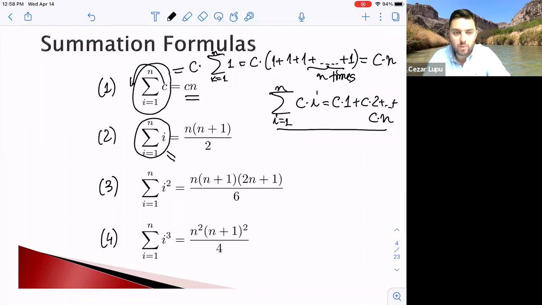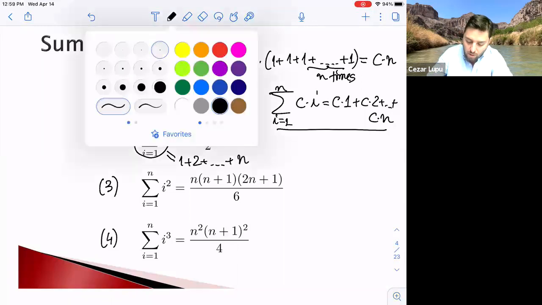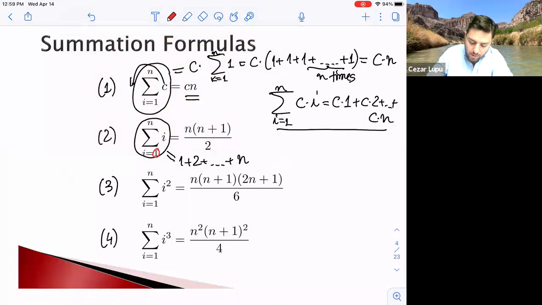From i equals 1, you have 1. For i equals 2, you have 2. So it's 1 plus 2 plus all the way till n, right? n is the last one. You see, it starts from 1 and ends up at n here. So this is nothing else than just summing up the first n positive integers.